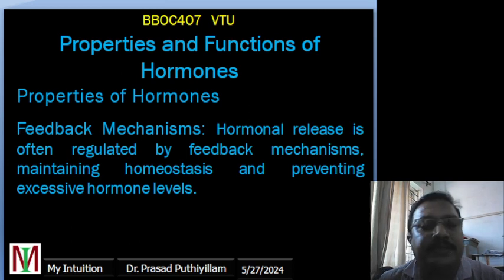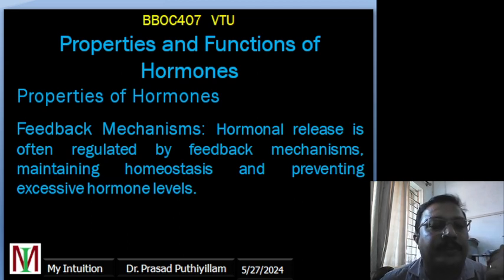Hormones work in the same way. They work like a thermostat to maintain the so-called homeostasis, which is a state of balance within the body compared to the external environment.